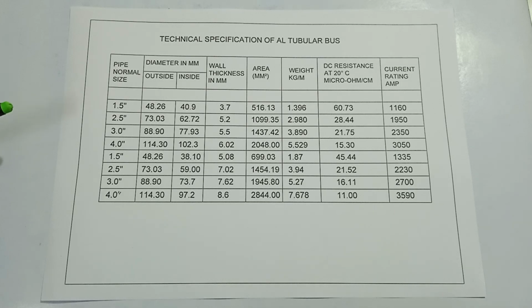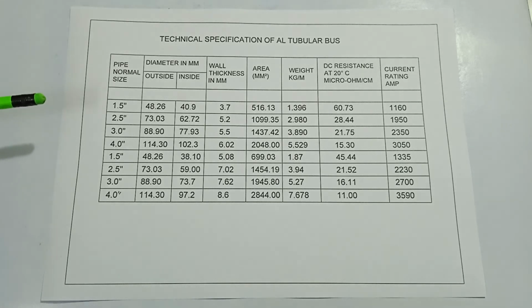Next 1099.35 square mm, again 1437.42 square mm, again 2048 square mm. Again 699.03 square mm, again 1454.19 square mm, and again 1945.80 square mm, again 2844 square mm.